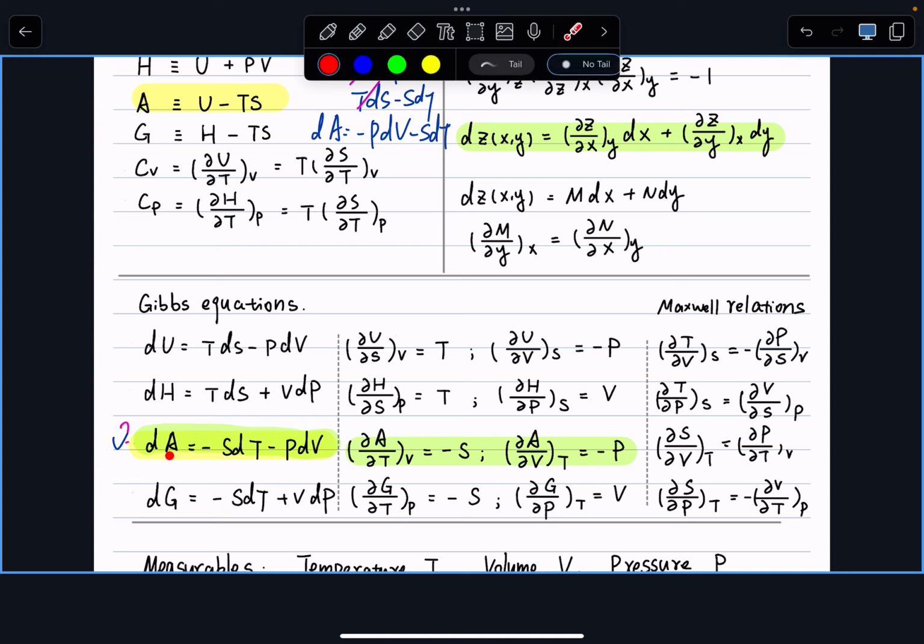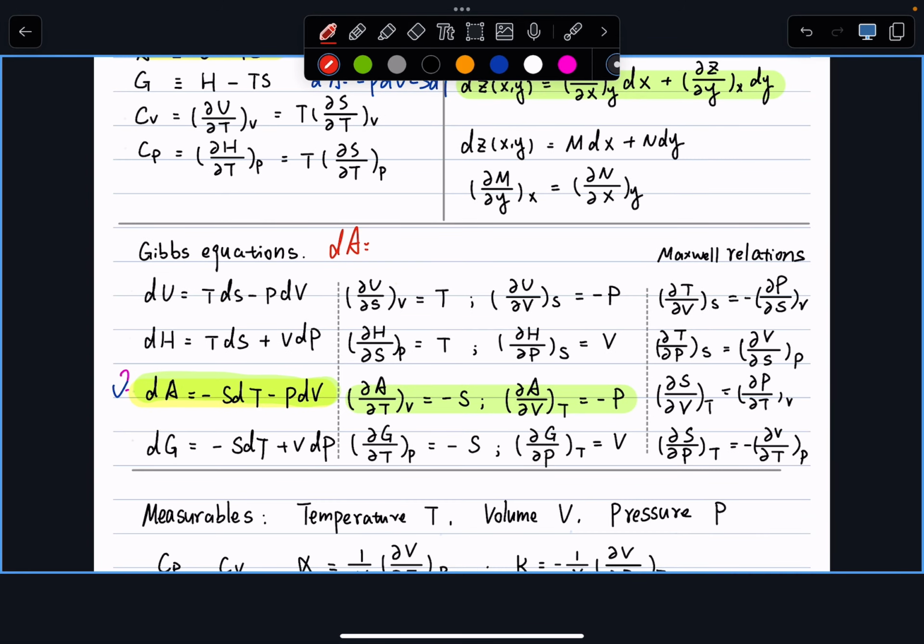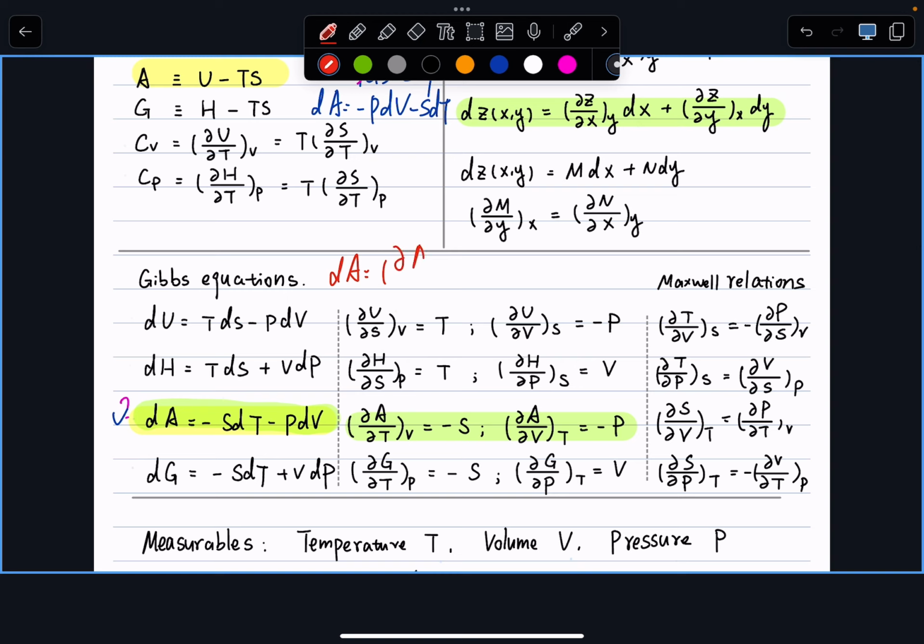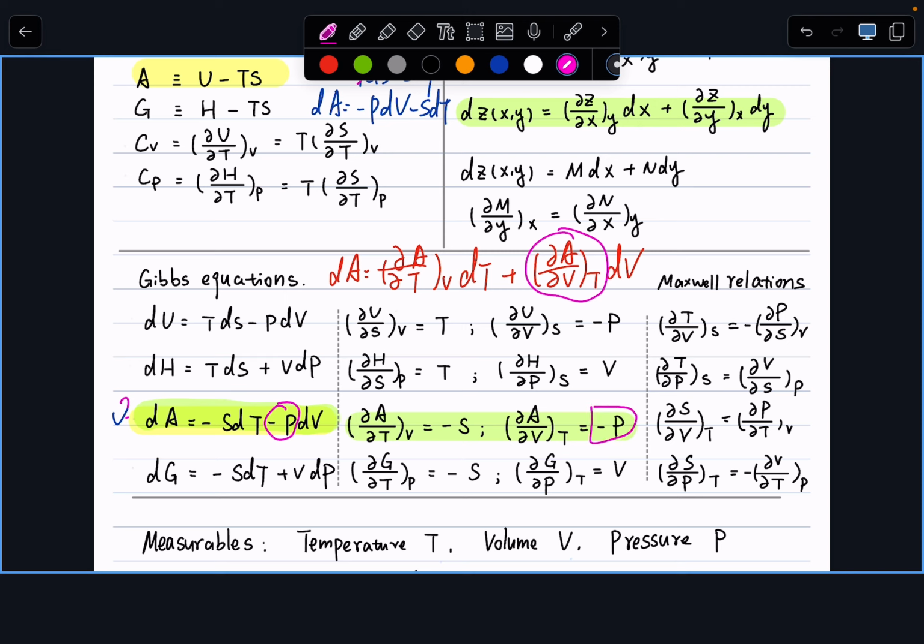A is a function of T and V, so we can write out the total differential of A: dA equals (∂A/∂T) at constant V dT plus (∂A/∂V) at constant T dV. The term in front of dV must equal negative P, and likewise the term in front of dT must equal negative S.